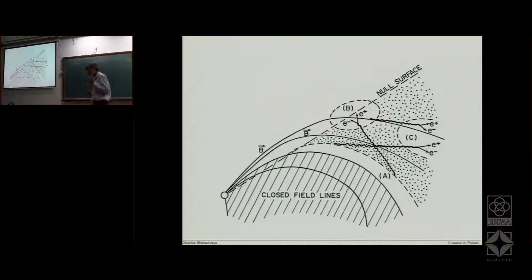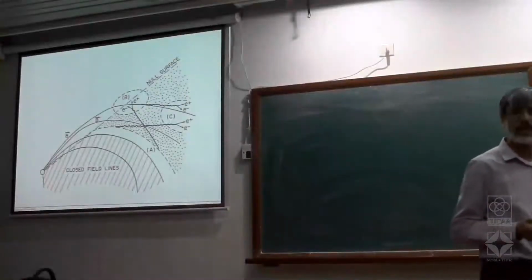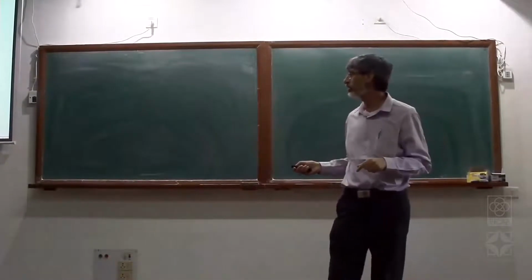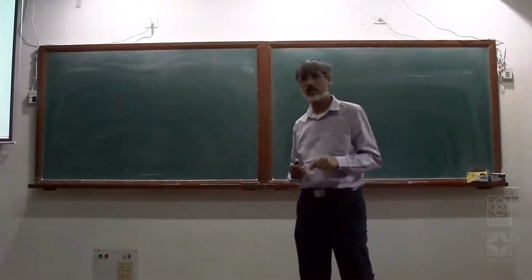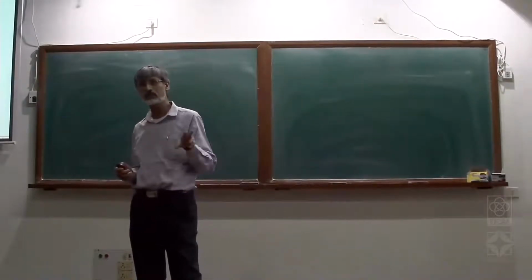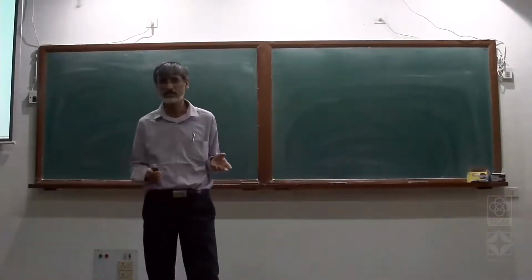So this current sheet will have to exist so that the boundary condition across it is satisfied. As soon as it has a finite width, it will resemble something like this, and E dot B is not even close to zero over there. It could be very large, right?